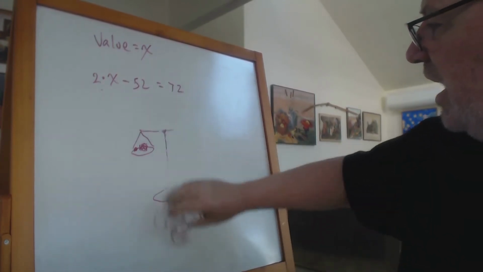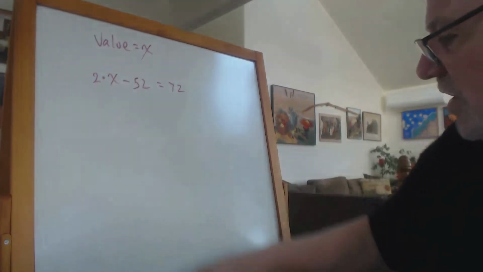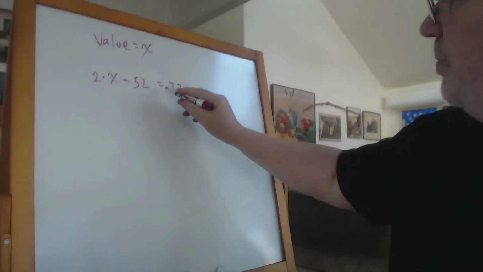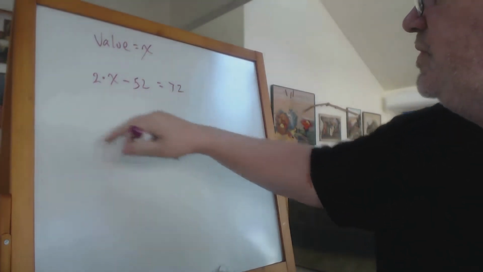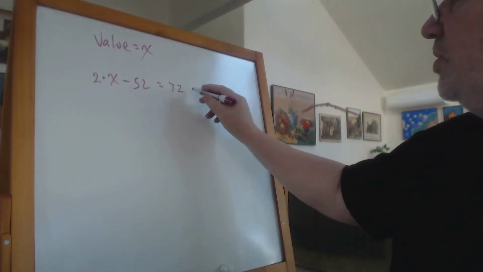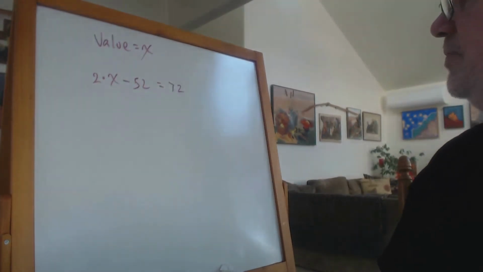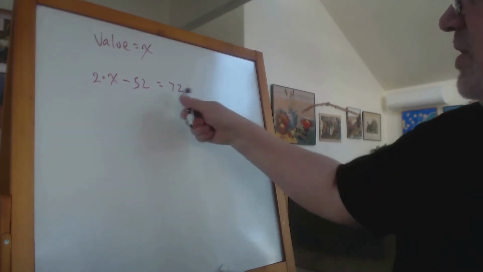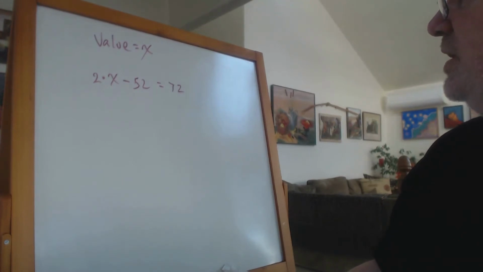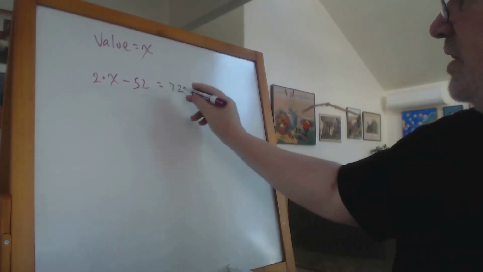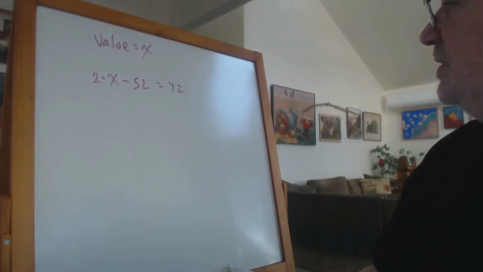You see, this equal sign is the pivotal point of the balance, so whatever we do to the one side, we must do to the other. We have a number of things here. What if we start getting rid of these numbers and simplify it as much as we can?